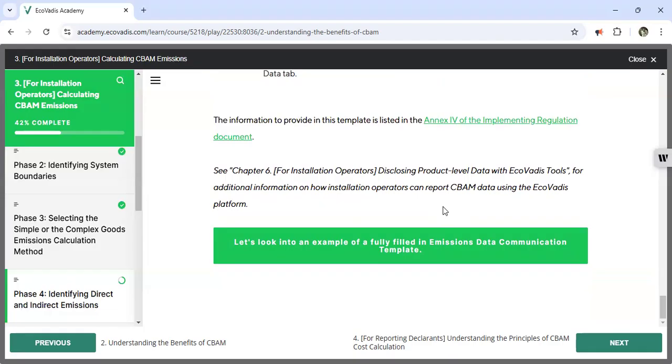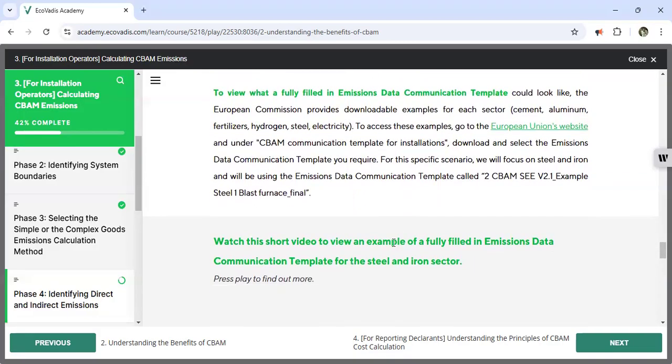For additional information on how installation operators can report CBAM data using the EcoVadis platform, let's look into an example of a fully filled emissions data communication template. To view what a fully filled emissions data communication template could look like, the European Commission provides downloadable examples for each sector: cement, aluminum, fertilizers, hydrogen, steel, electricity.